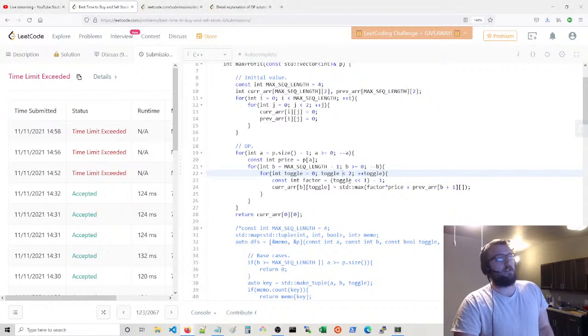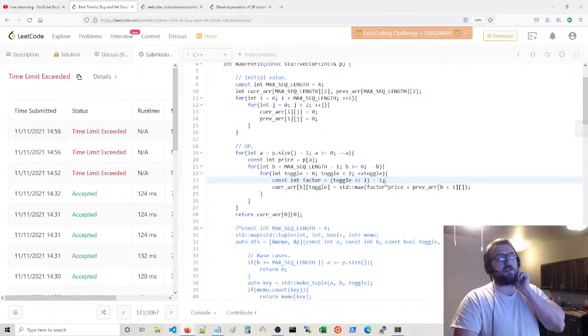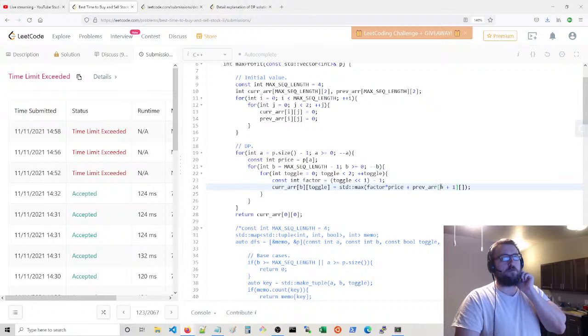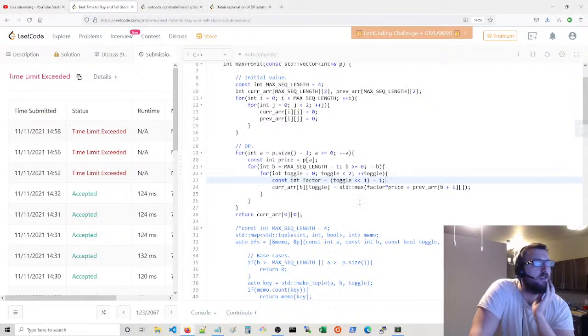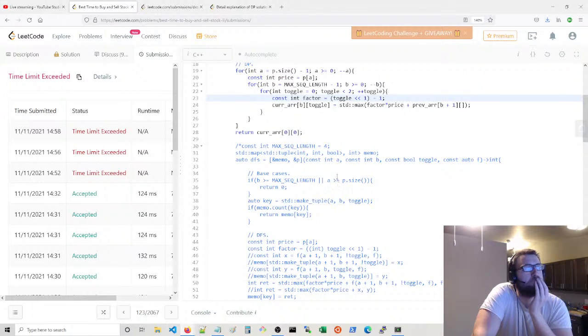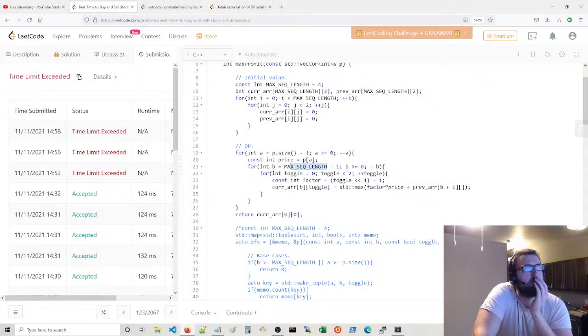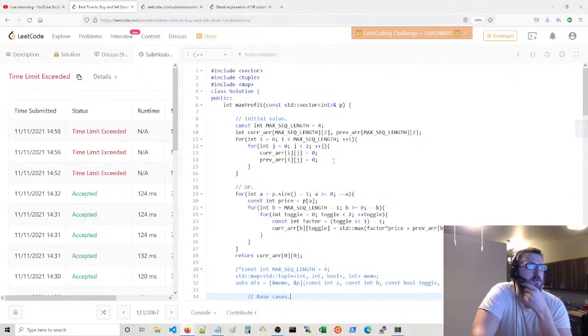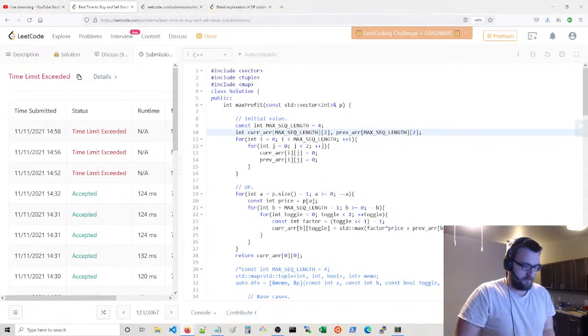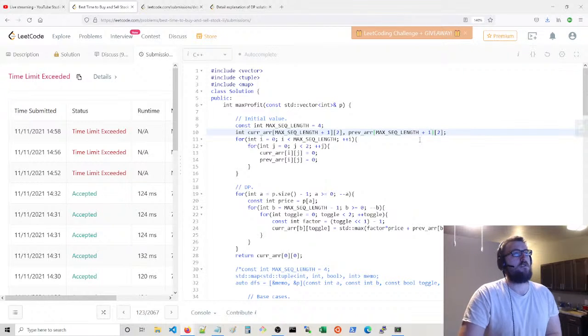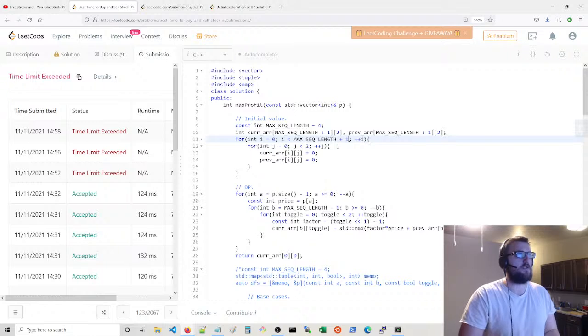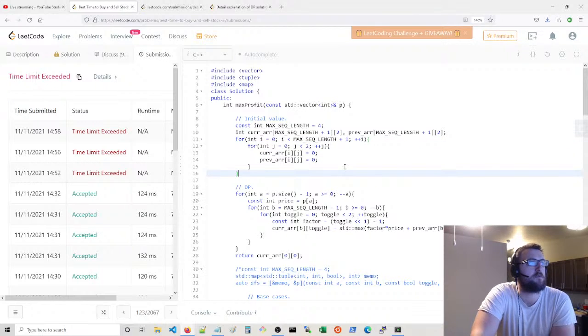Yeah, and so now you can say B plus 1. And I guess you would just add 1 to these. And set that all to 0 in the current array and the previous array.